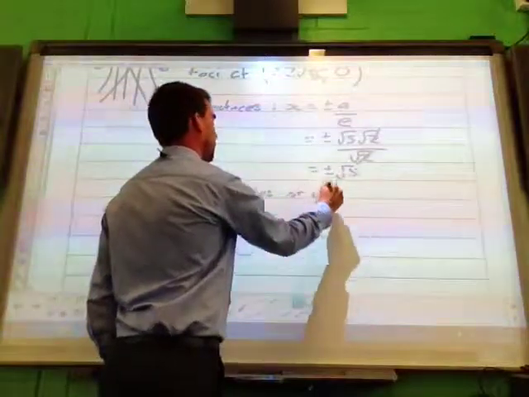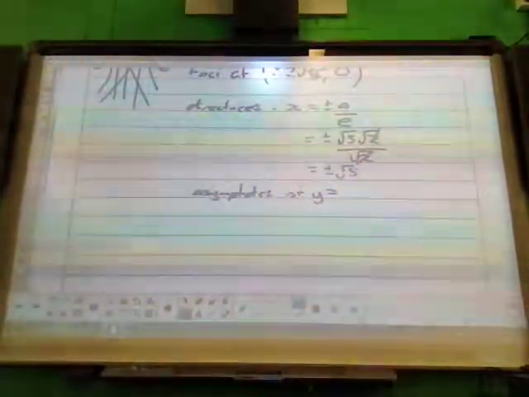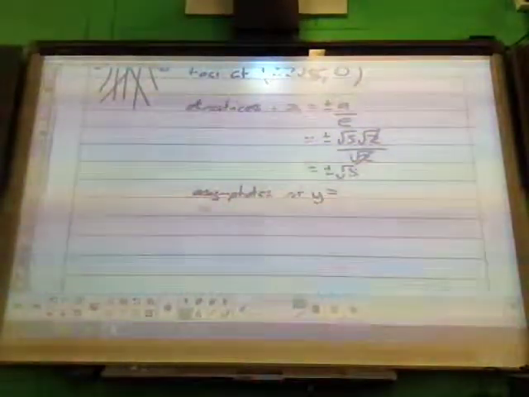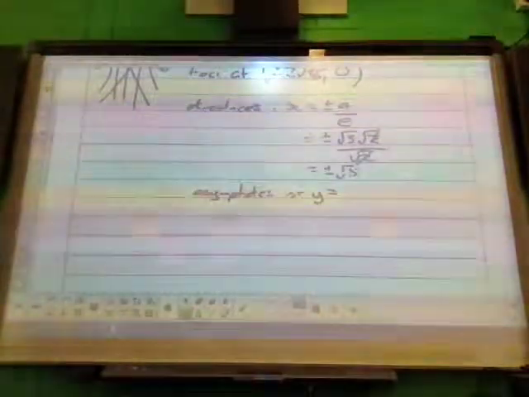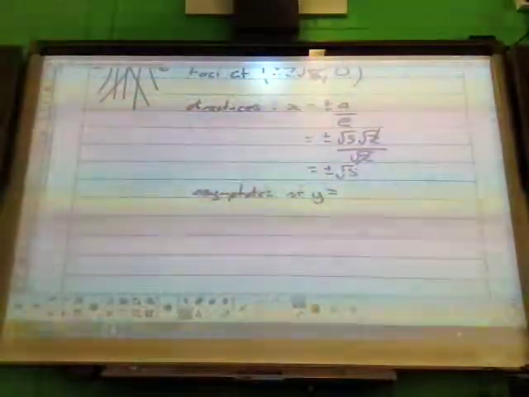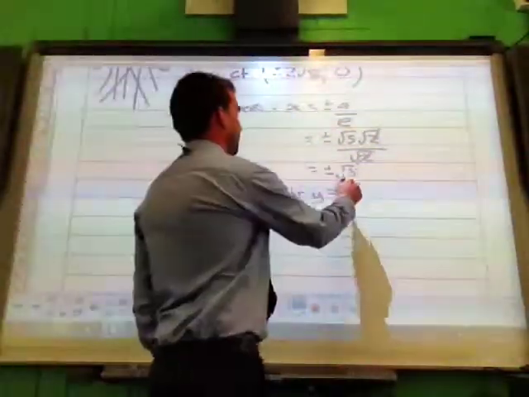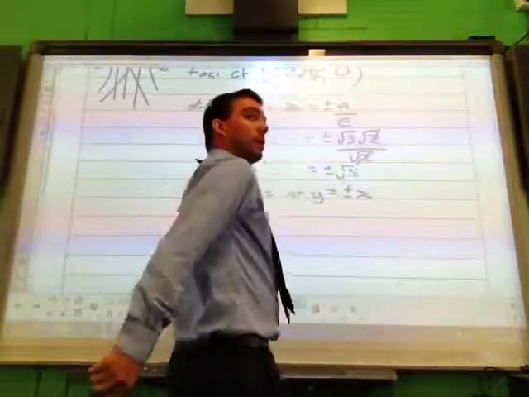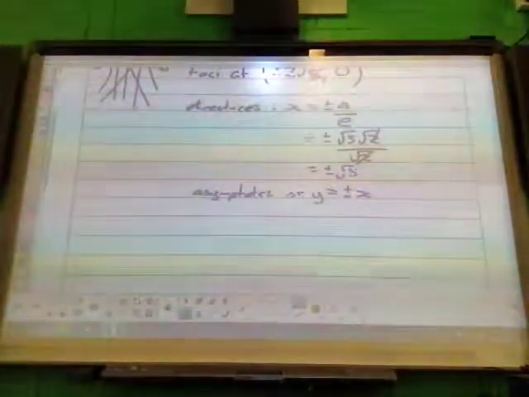What's the equation of your asymptotes? The definition of your rectangular hyperbola is that the asymptotes are perpendicular to each other.